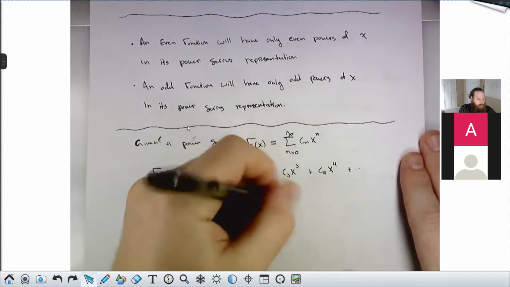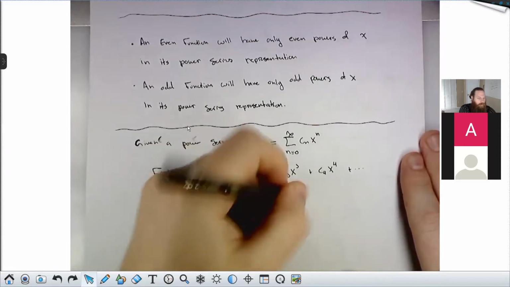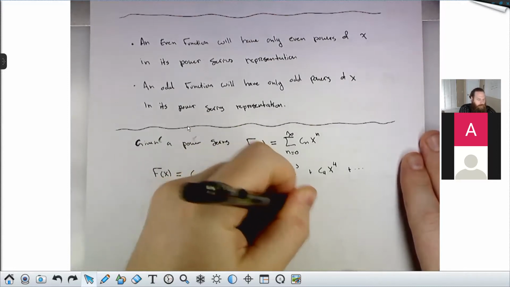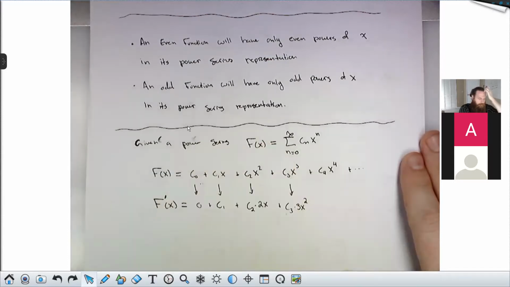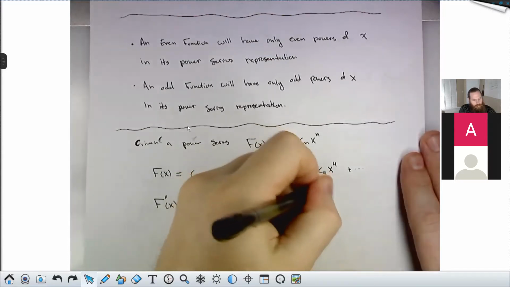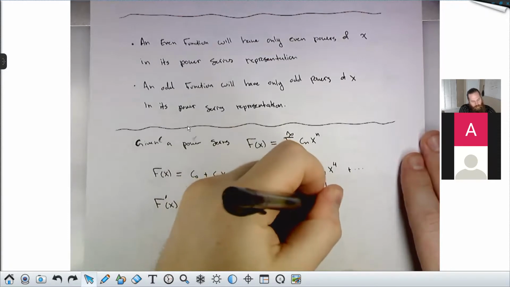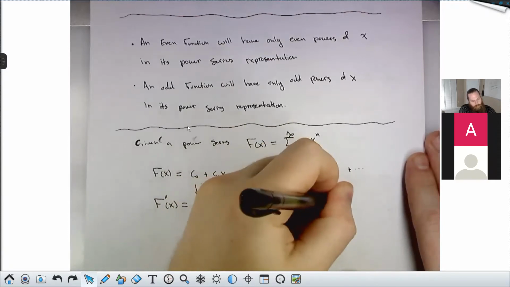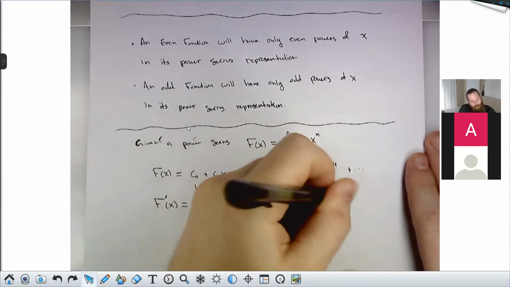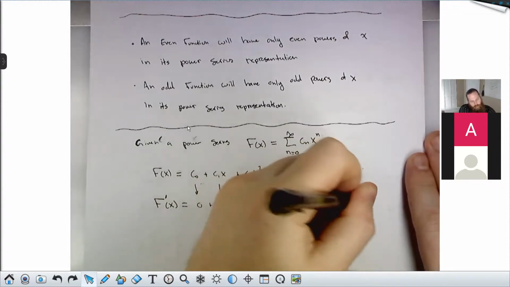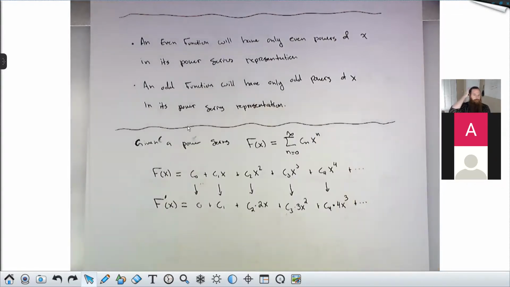C3 times x cubed is going to differentiate to C3 times 3x squared. C4x to the 4 is going to differentiate to C4 times 4x to the 3. And so on.